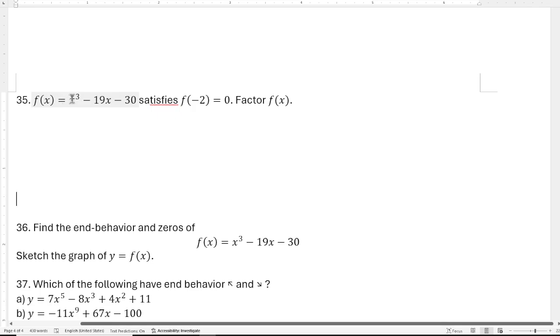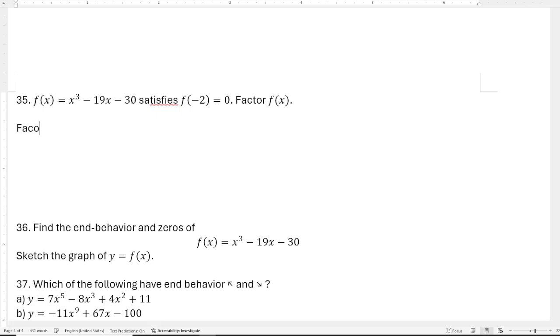f of x is x cubed minus 19x minus 30 and satisfies f of negative 2 equals 0. Factor f of x. So again, the factor theorem is true here. Factor theorem: if f of negative 2 equals 0, then x minus negative 2 is a factor.